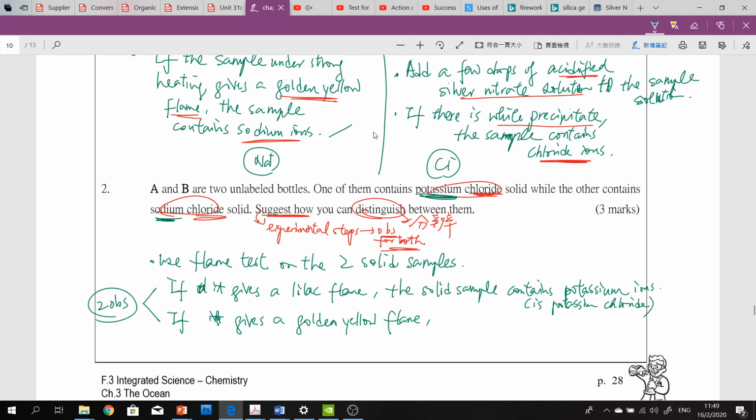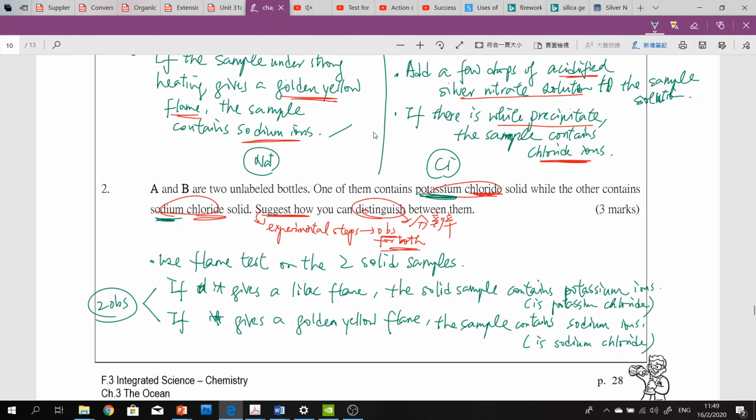Can you get the logic, right? So the second one is golden yellow flame. It contains sodium salt. So of course, this is sodium chloride. So can you get my point?